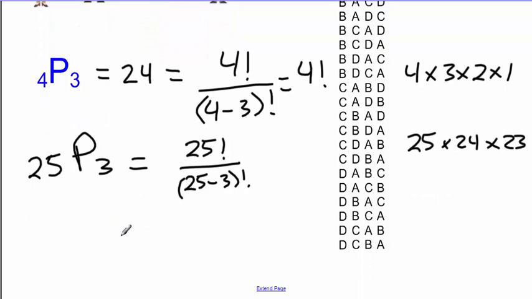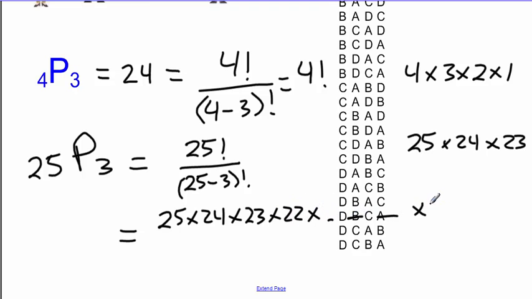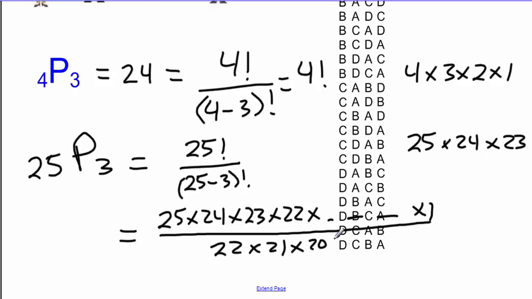And what that ends up being then is 25 factorial, which is 25 times 24 times 23 times 22 dot dot dot all the way down to 1. 25 minus 3 is 22 factorial, so 22 times 21 times 20 dot dot dot all the way down to times 1 on the end.